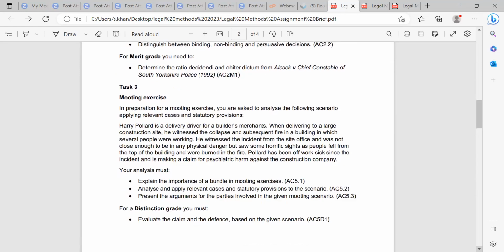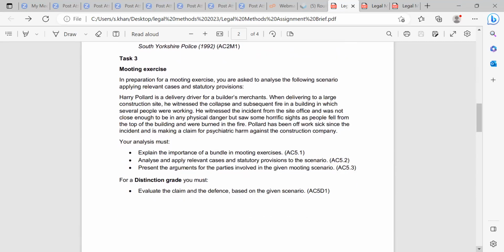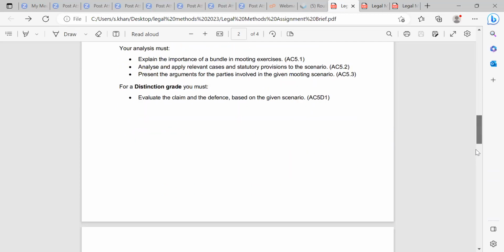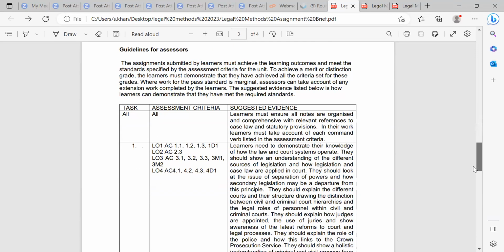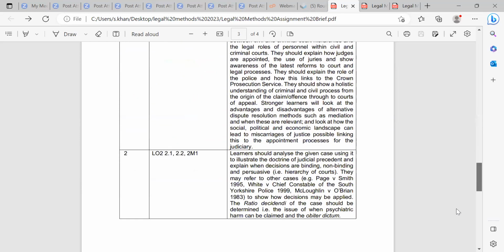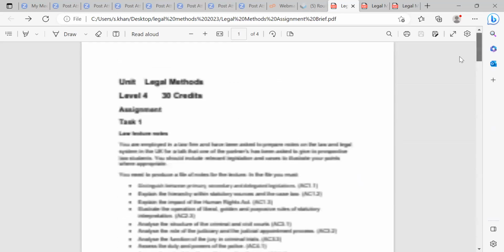And then task 3, the mooting exercise: you must explain the importance of the bundle in the exercises, which is learning outcome 5, analyze and apply the relevant cases and statutory provisions to the scenario, and then present the arguments for the parties involved. And then for the distinction, you evaluate the case based on the given scenario. So this is there to give you guidance and support on how you need to demonstrate and what you need to answer.